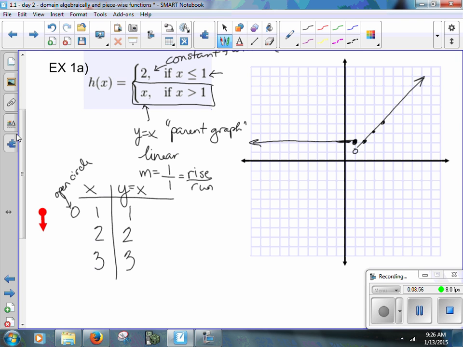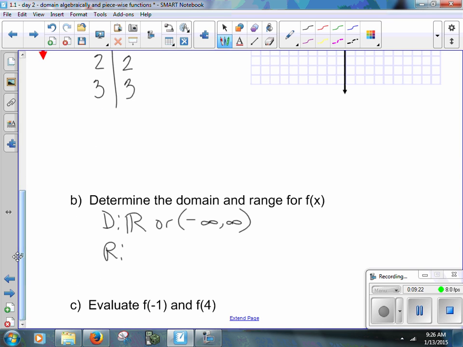Range can be a little tricky. If we go left to right for domain, then we have to go bottom to top for range, right? What's your lowest most point on this graph? Y equals 1. Do you guys agree? Is that going to be included or not included? Not included. So it's going to start at y equals 1 and then to infinity.